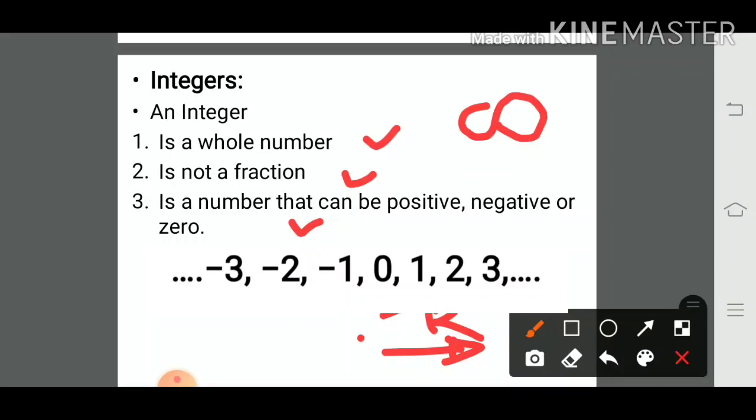If I go from 0 to the left-hand side, these are the negative integers, that is minus 1, minus 2, minus 3 and so on up to infinity. So these are the integers. First, it is a whole number; second, it is not a fraction; and third, it is a number that can be positive, negative or 0.